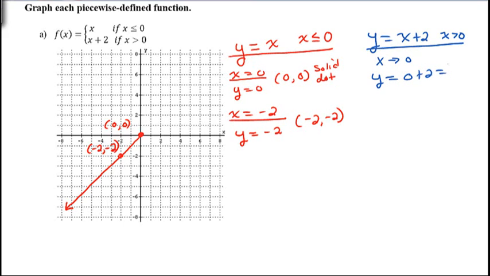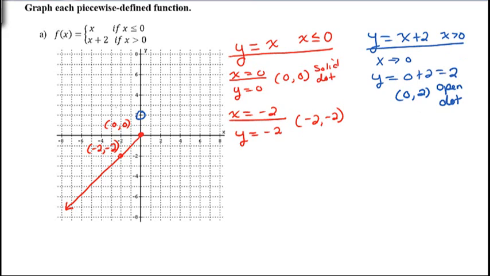So we would have the point 0, 2. Because x can't really be equal to 0, this gets an open dot, because this doesn't have an equal sign. This one has an equal sign, so at 0, 0 we had a solid point. This one does not, so it gets an open dot at 0, 2. We have an open circle there because x can't actually be equal to 0. X can be equal to 0 down here, though.